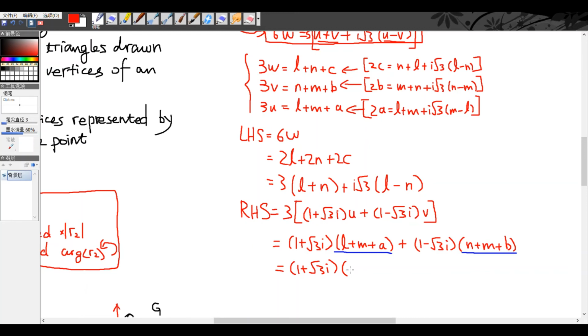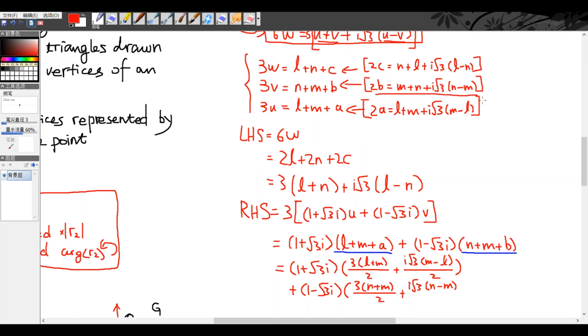So we have 3 times L plus M over 2 plus i times the square root of 3 times M minus L over 2, and then plus 1 minus the square root of 3i, and we do exactly the same, which is 3 times M plus N over 2 plus i times the square root of 3 times N minus M, just substituting this 2b we have right there, and divided by 2.